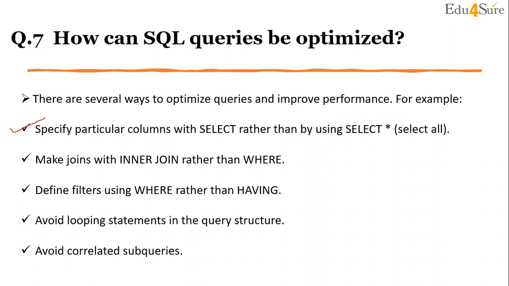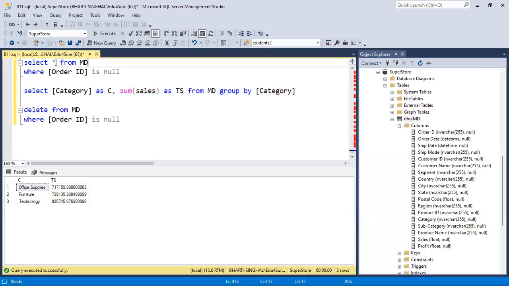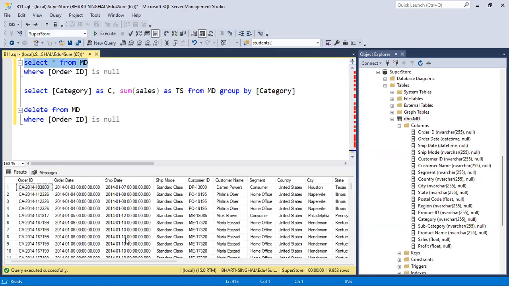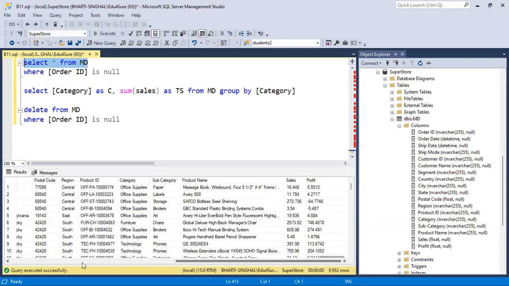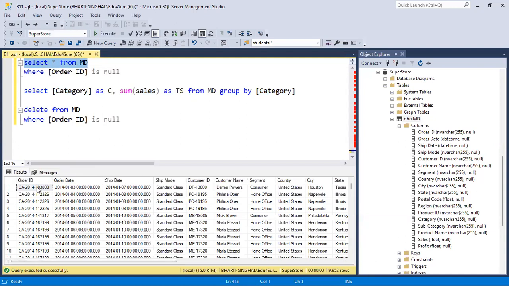What is the meaning? I'm taking you back to SSMS. Here, I was saying select asterisk from MD, and when we executed it, it showed me all the columns in the data. But it is not necessary that I wanted to see all the columns. I wanted to see, for example, only the order date, or state and sales, or segment and profit.